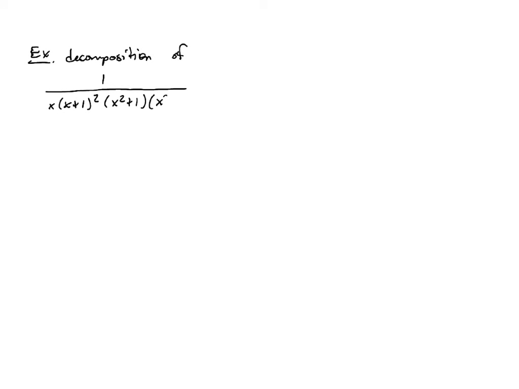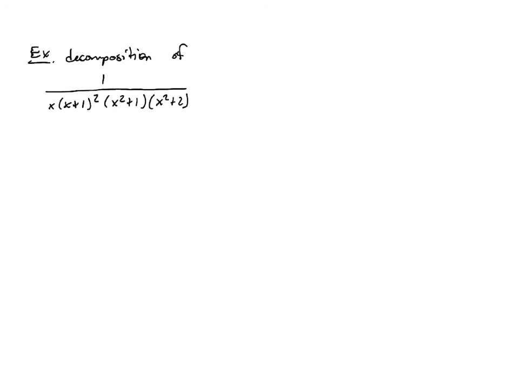So for instance, if I want to write out the partial fraction decomposition of the function 1 over x times x plus 1 squared times x squared plus 1 times x squared plus 2, right?